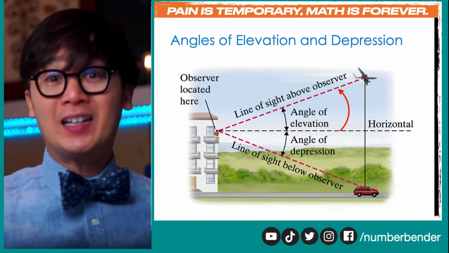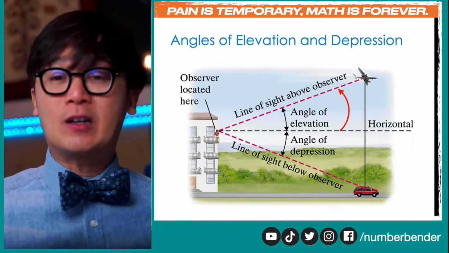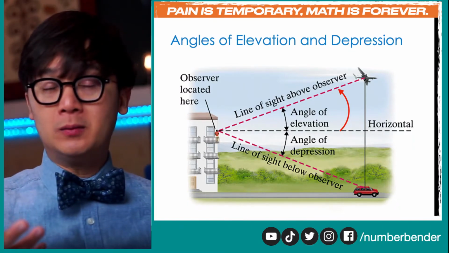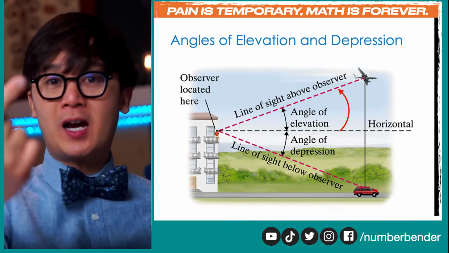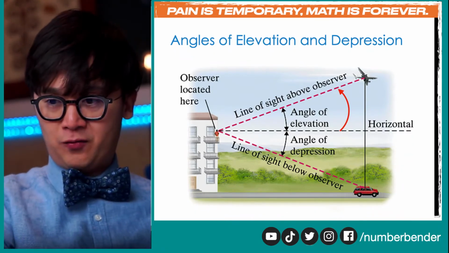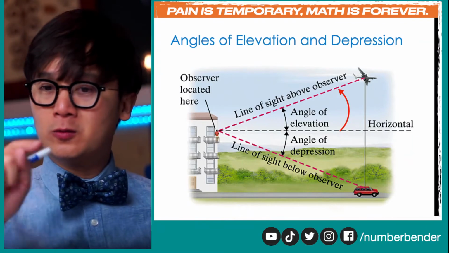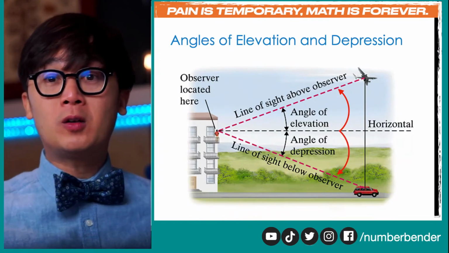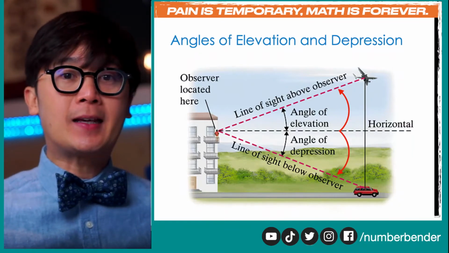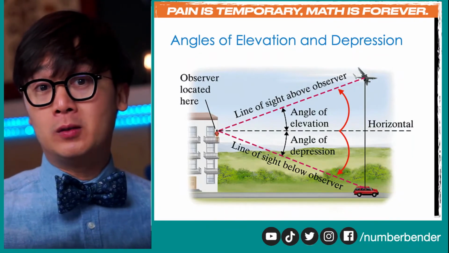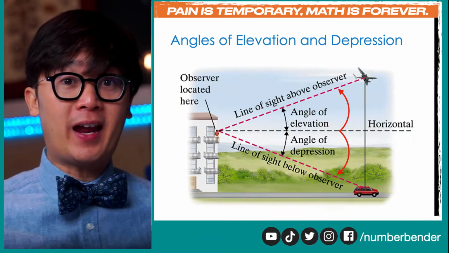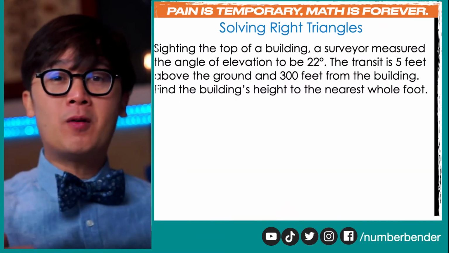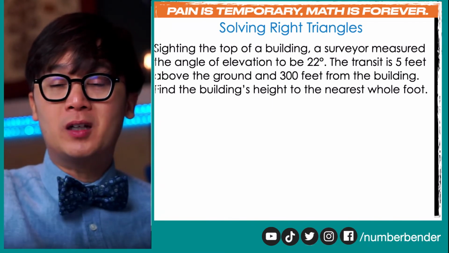And angle of depression is when, in a word problem, from your line of sight, you need to measure the angle formed when you look down to the car. In this example, that is the angle of depression, which is what we usually see in some word problems involving trigonometry and angles. Those are the keywords that you will be seeing in some of the problems that we're going to be working on, similar to this one.